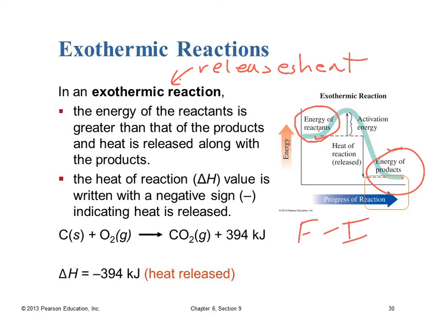Because of that, we wind up with a negative value. Exothermic reactions will always have an energy diagram where the reactants are higher than the products. When we write an exothermic reaction, we'll either see energy as a product, or we'll see the Q or change in enthalpy value as a negative value, signifying that heat has been released.